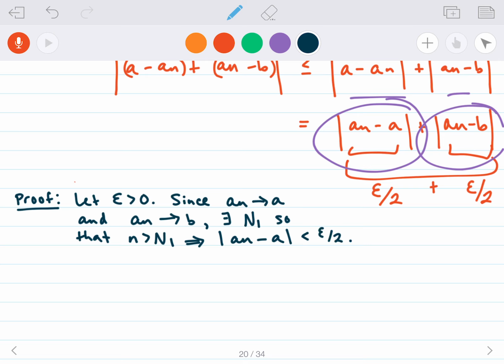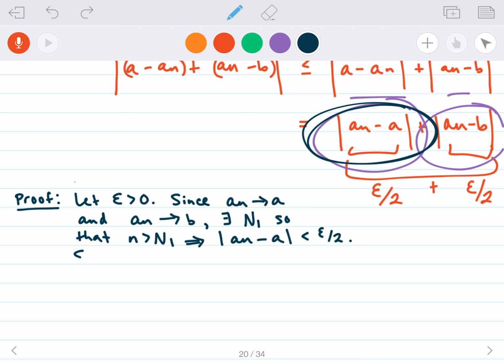Okay? I'm choosing this epsilon over 2 based on this, right? There's always going to be a natural number that I can choose so that if I go down far enough in my sequence, the distance between the limit and the sequence is going to be smaller than epsilon over 2. Could be epsilon over 3, could be 100, could be whatever. But as long as it's a positive real number, I'm good. It doesn't just have to be epsilon. It just needs to be a positive real number.